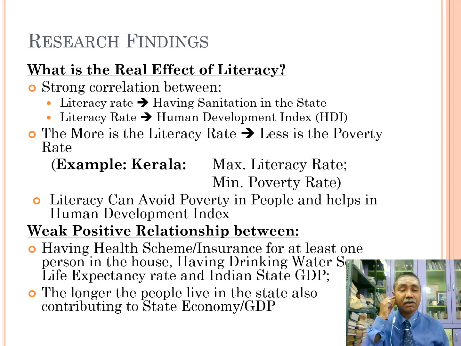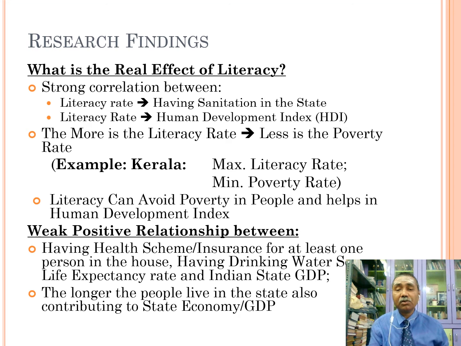Next, see the other finding. Weak positive relationships between having a health insurance scheme for at least one person in the house, having a drinking water facility, life expectancy, and Indian GDP. These are also positively related to Indian GDP, but with less correlation, less than 0.25 correlation coefficient value.